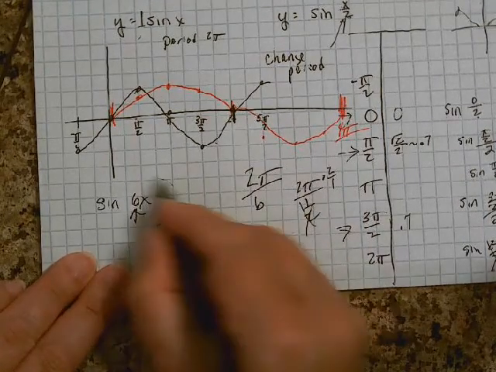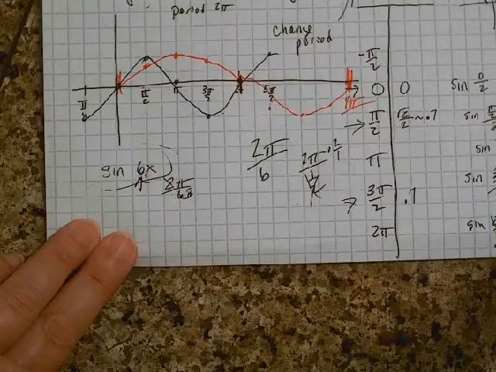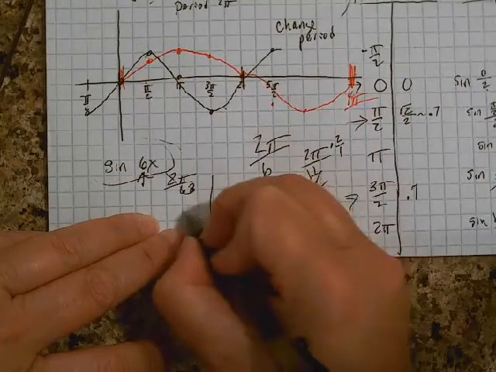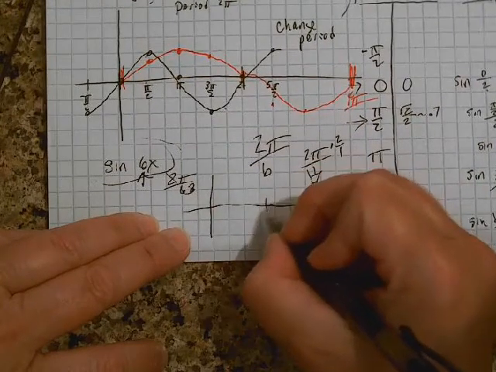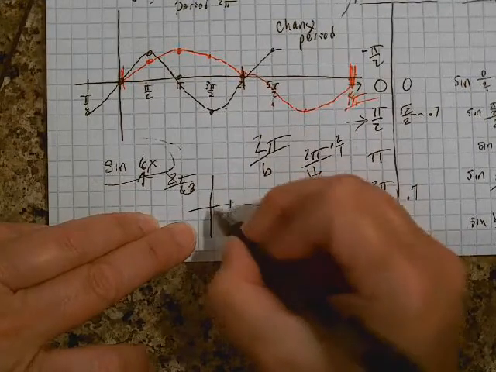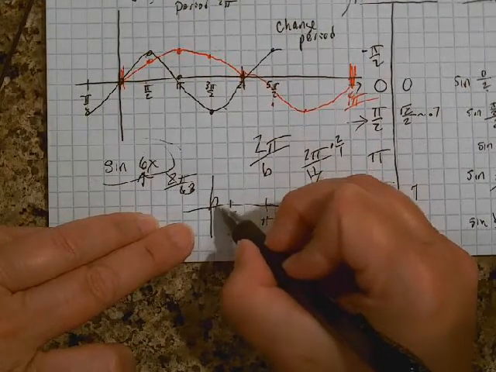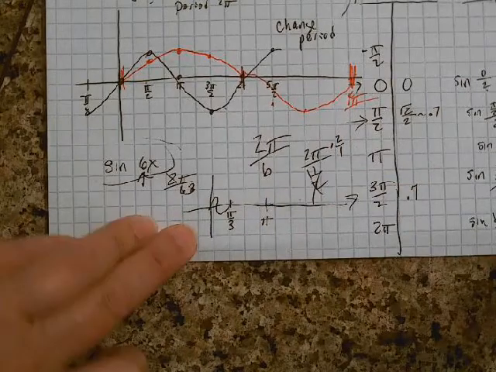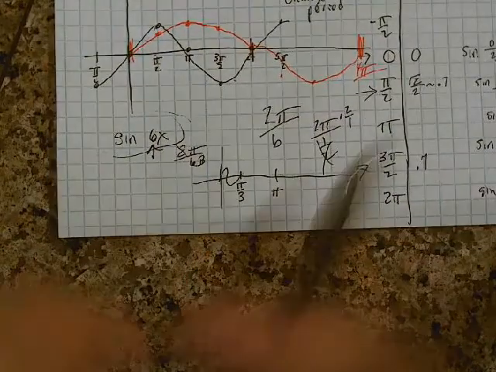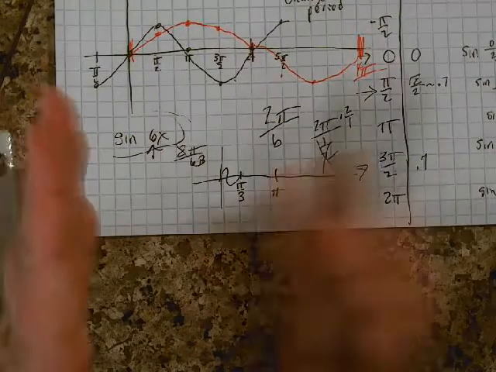So that means the period of this graph is going to be between 0 and pi over 3. So if I graphed it, let's say this is pi over 3 would be somewhere in here. That sine curve is going to go up, down, and come back up before it gets right at pi over 3. So this thing has not been stretched. This one has been compressed.